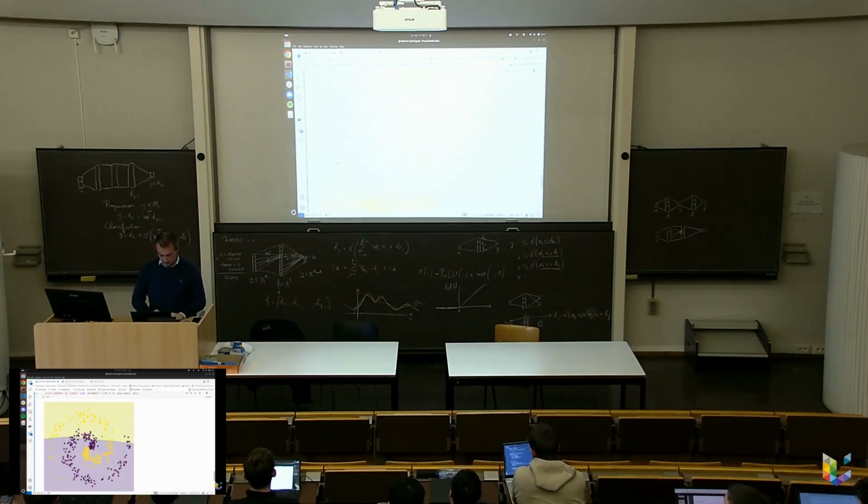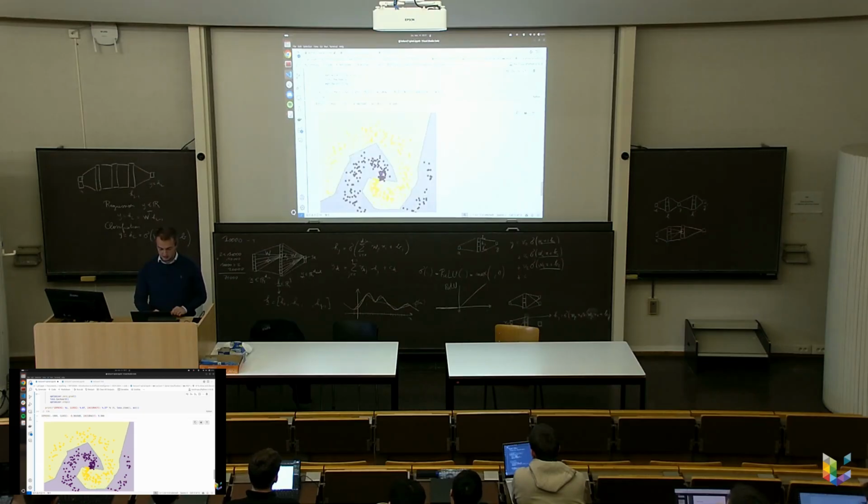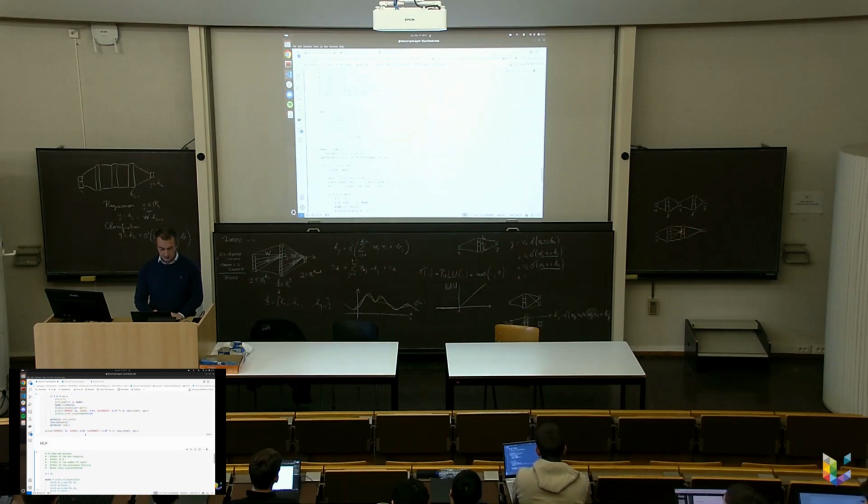This is what we get. Okay, you see that sometimes it does not work. So here you see clearly the linear segments. They are a result of the ReLU activation functions.